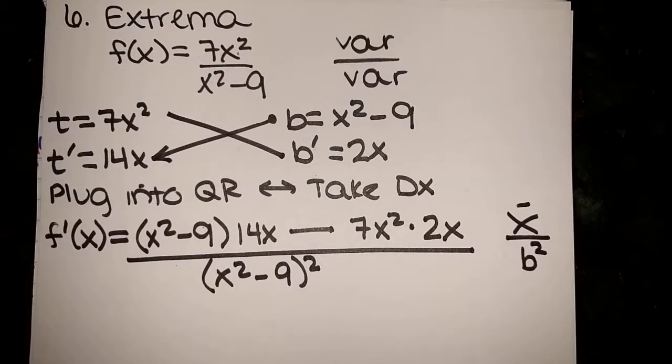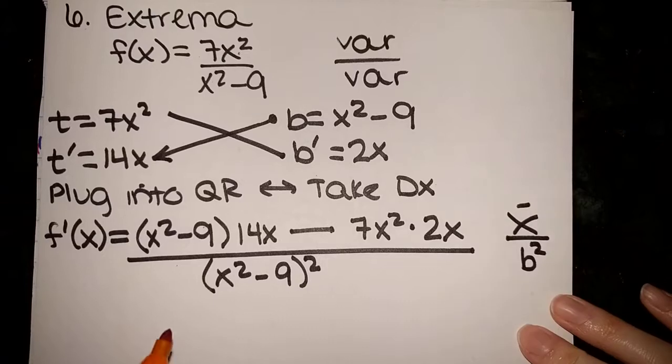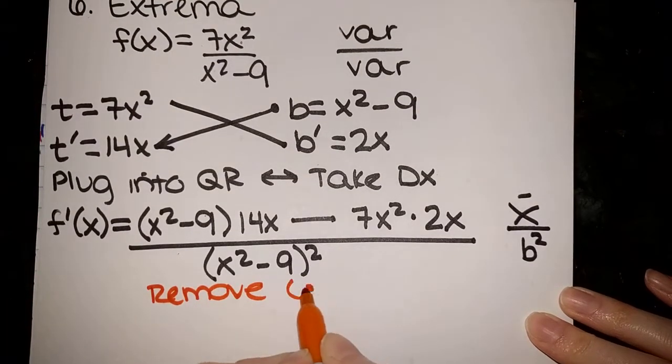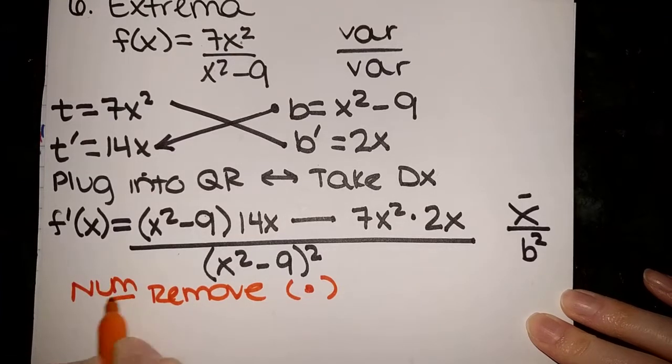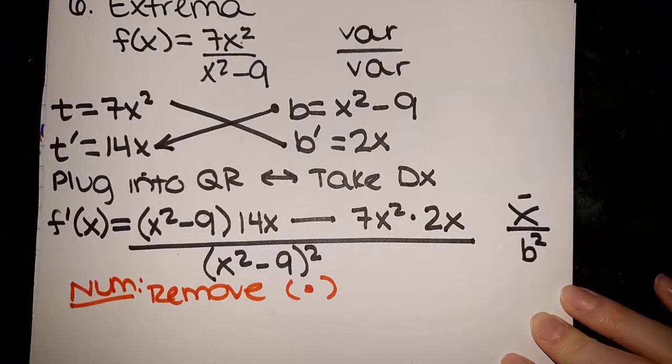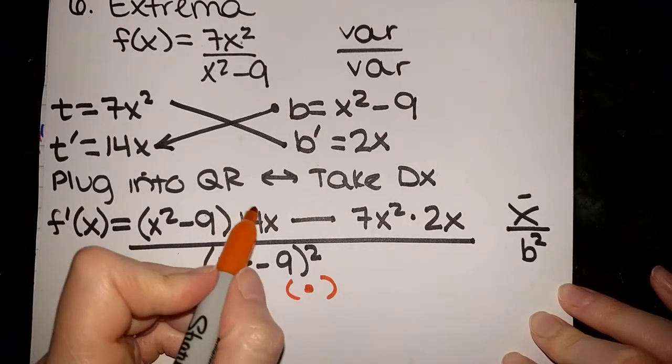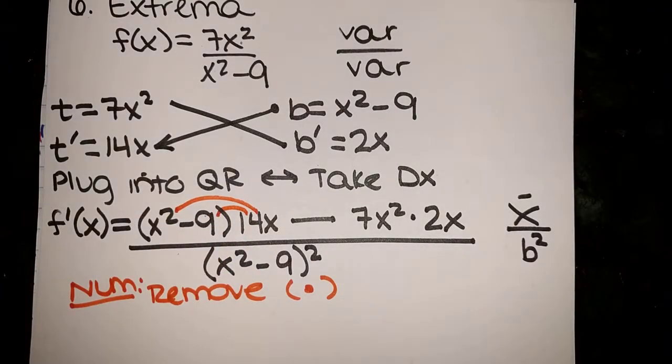Now, with the quotient rule, you need to remove parentheses or factor out a GCF. In this case, the easiest thing to do is just to remove the parentheses, and when we talk about this, it's just for the numerator. So you don't need to stress out about foiling out the denominator. So you are going to distribute the 14x to both the x squared and to the negative 9.